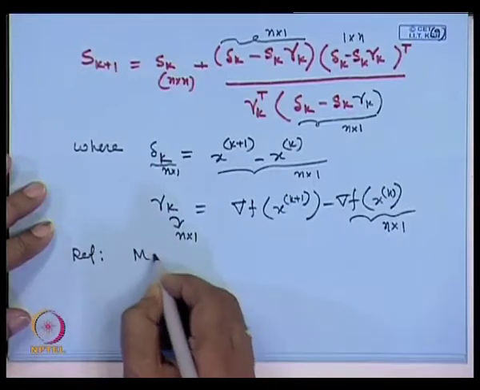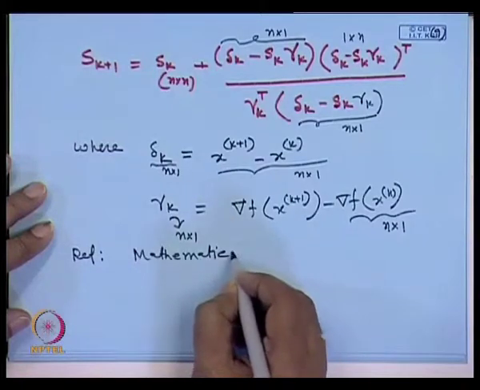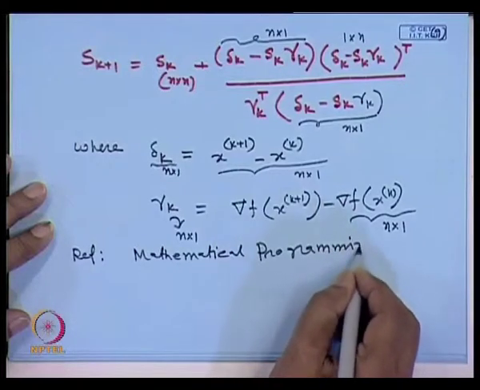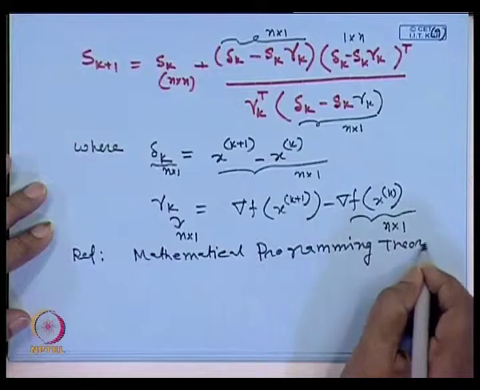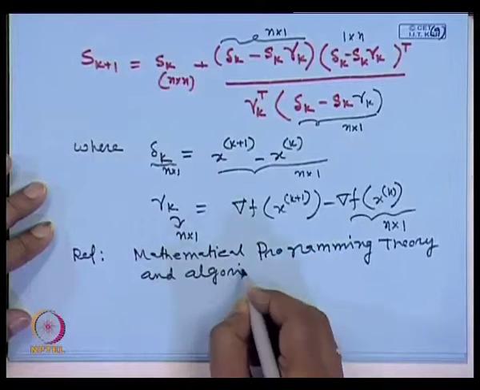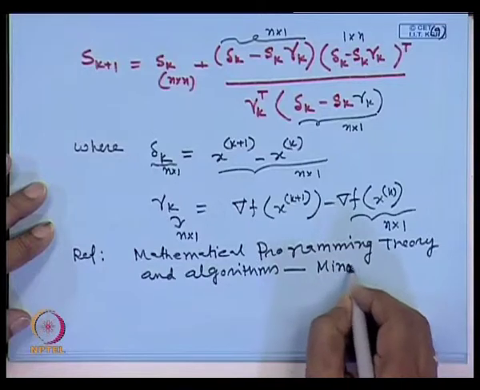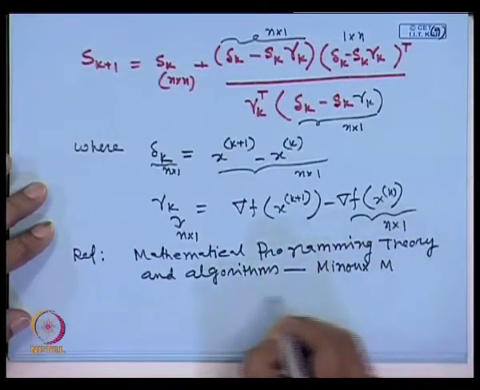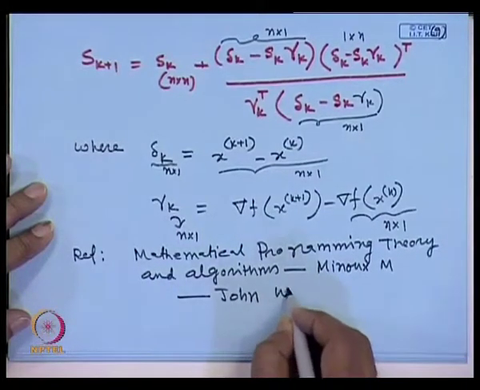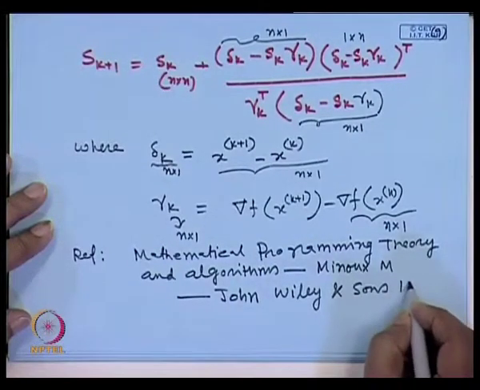I will derive it, but if you want to study more mathematical programming, the book is Mathematical Programming: Theory and Algorithms, the author is Minoux, M., published by John Wiley and Sons, 1986.